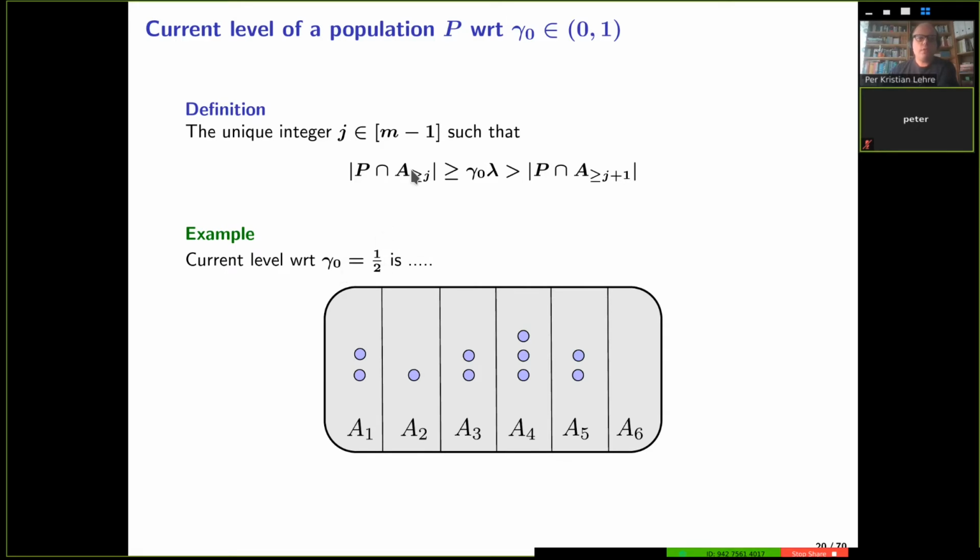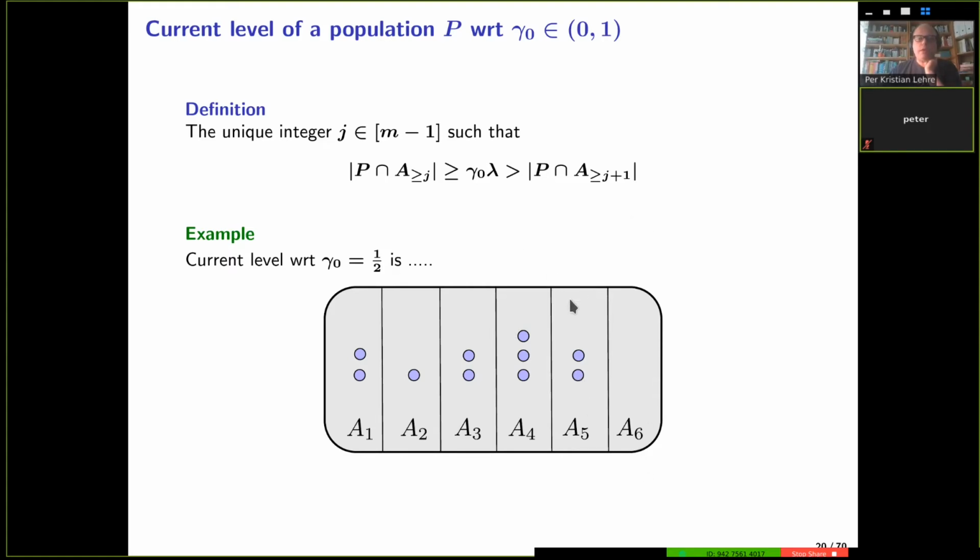So what is the current level here? In order to be the current level, we have to have at least half of the population in level j or higher, but less than half of the population in level j plus 1 or higher. So let's say here we have 1, 2, 3, 4, 5, 6, 7, 8, 9, 10.